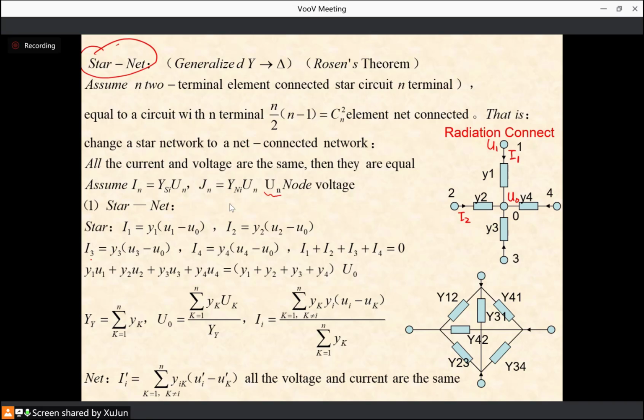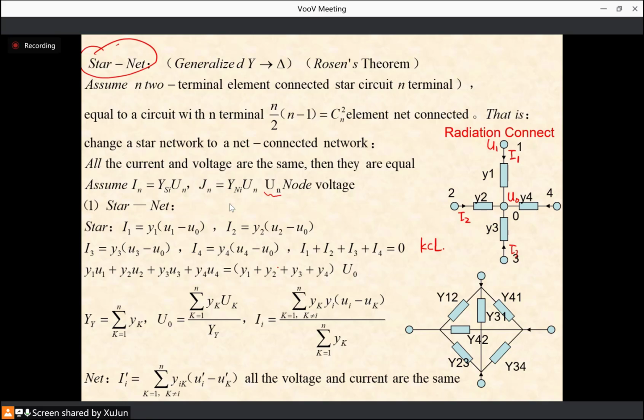This is I3, and this is I4. And we know I1 plus I2 plus I3 plus I4 is equal to 0. This is KCL. So Y1 U1 plus Y2 U2 plus Y3 U3 plus Y4 U4, adding these four together gives 0.